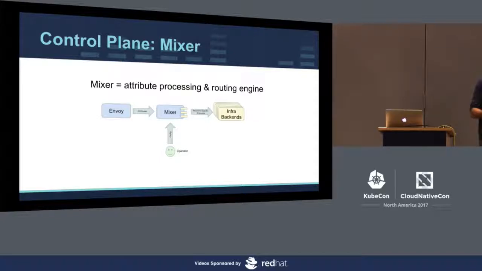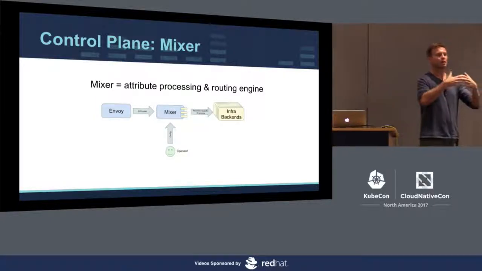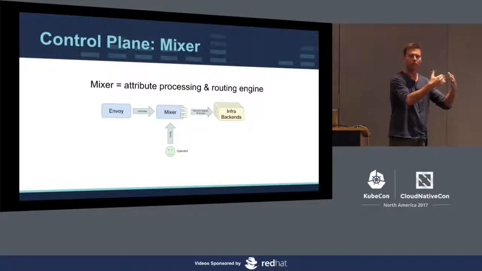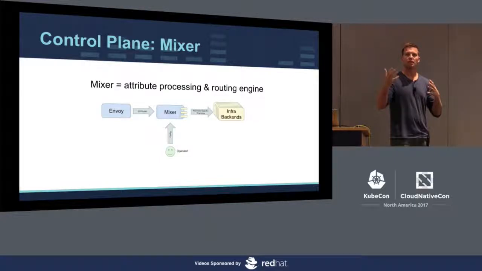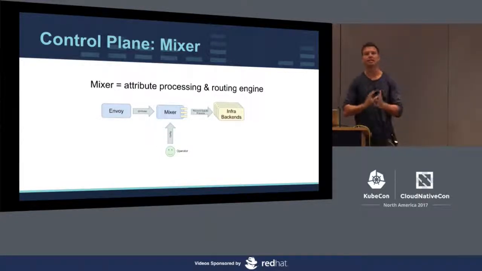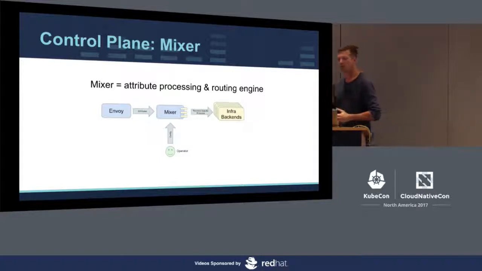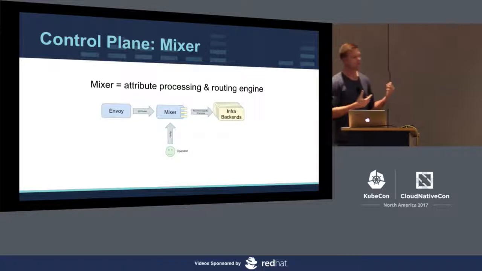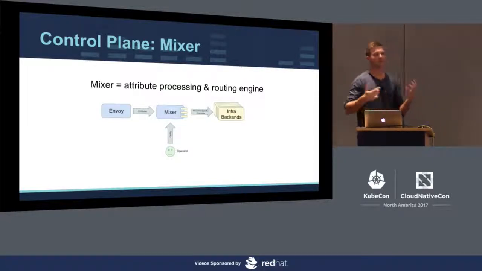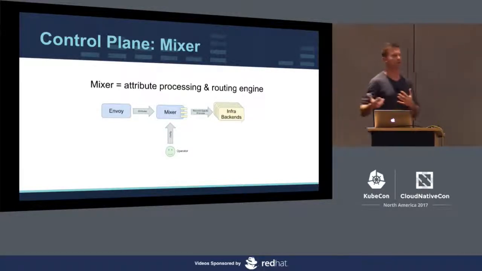So you create these things called attribute manifests that say, hey, Envoy, here are the important attributes that I care about for the traffic that comes through you, and send this information to Mixer. Well, Mixer, just like what we showed in Pilot, has this pluggable backend of infrastructure components.